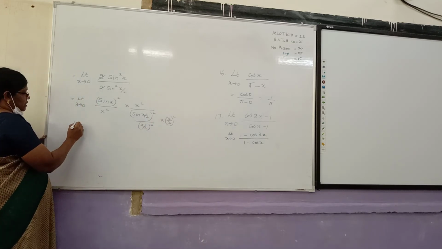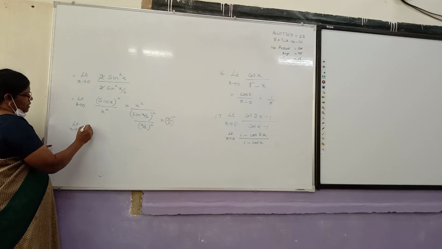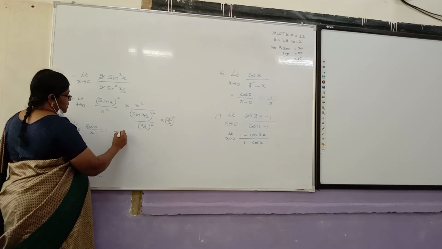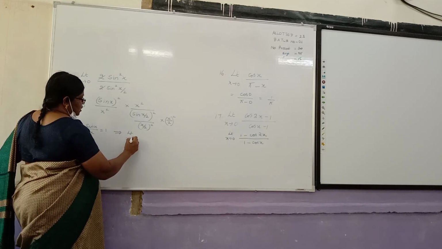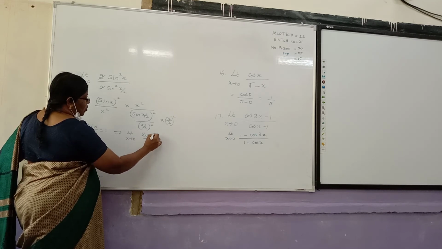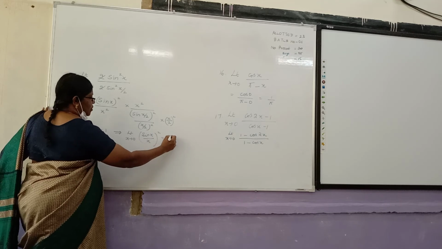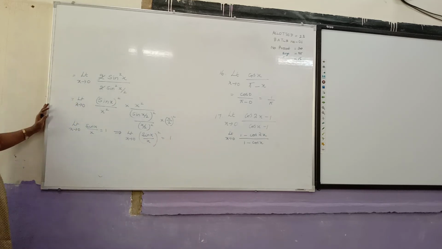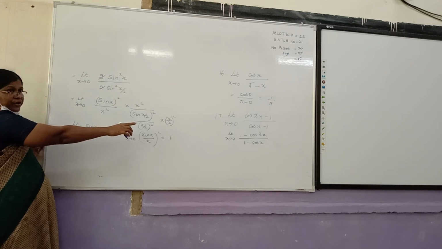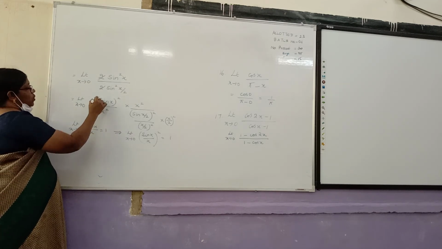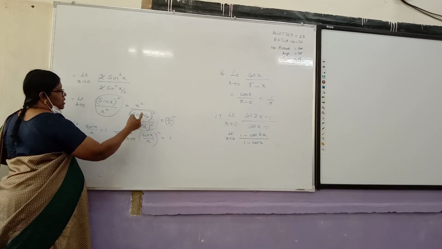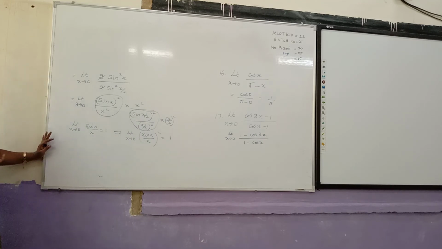So limit x tends to 0 of sin x by x equals 1, which implies limit x tends to 0 of sin x by x the whole square is also 1, 1 squared is 1. Okay, you understood? Don't forget this formula. So this becomes 1 now, this also 1. The x square gets cancelled, no?